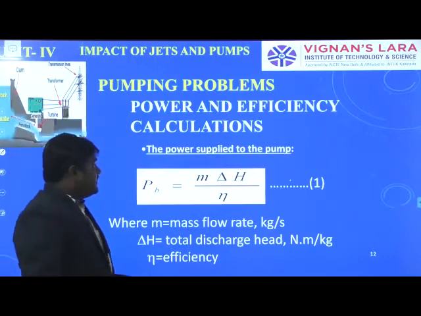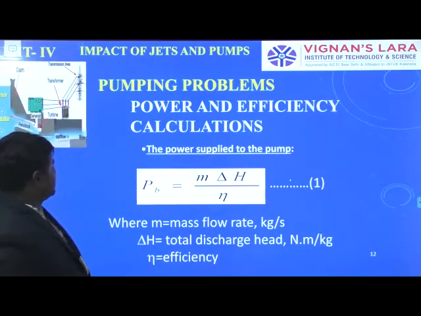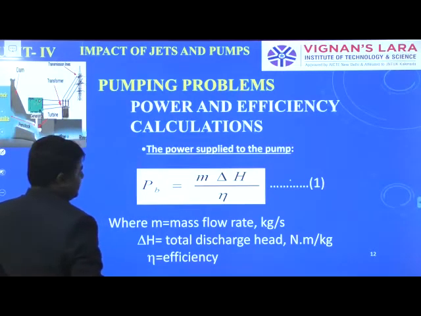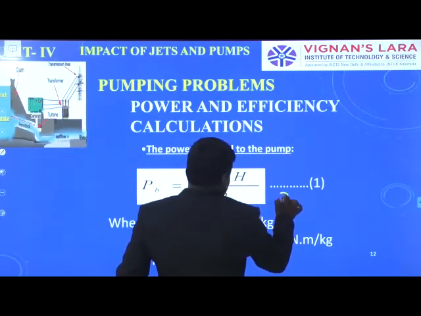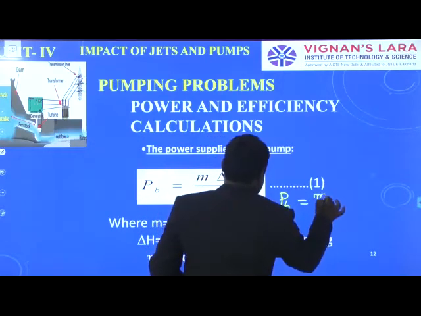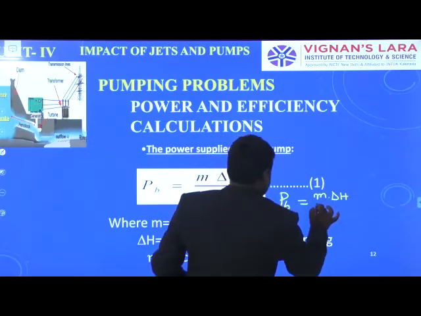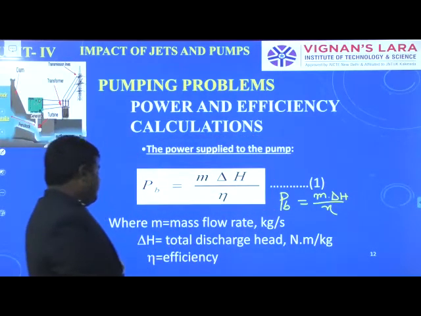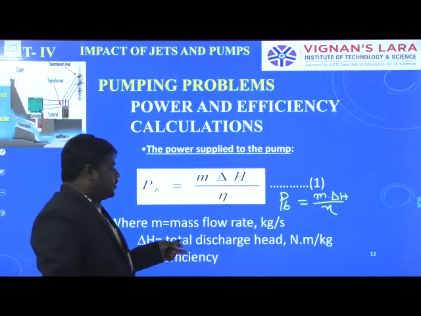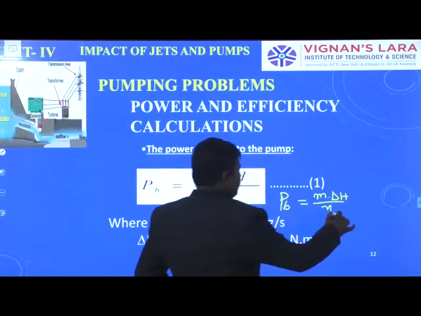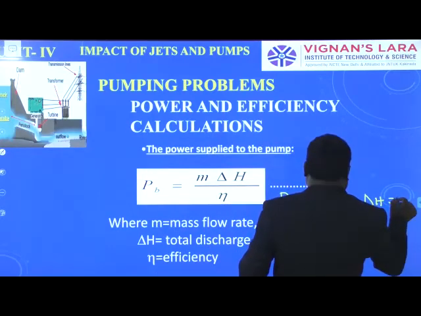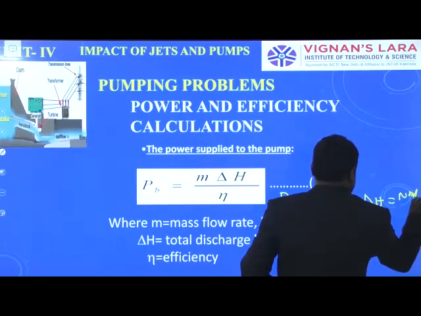Coming to the power and efficiency, so these are the calculations. The power supplied to the pump, already written in the previous slide, that is PB equal to M into delta H by efficiency, where M is the mass flow rate in kg per second, and delta H is the total discharge head, with units of Newton meter per kg.